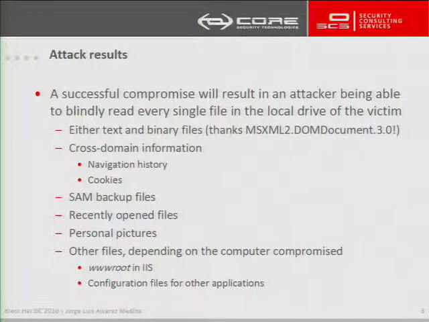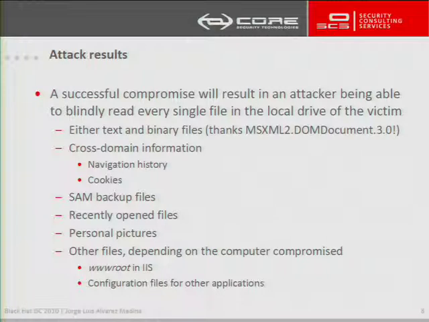By blind, I mean the attacker cannot know beforehand the exact location of the files because it does not have the ability to browse the hard drive. But given the way Internet Explorer and Windows Explorer itself handle their internal files and the user activity, you can access most of the sensitive files through these mechanisms.